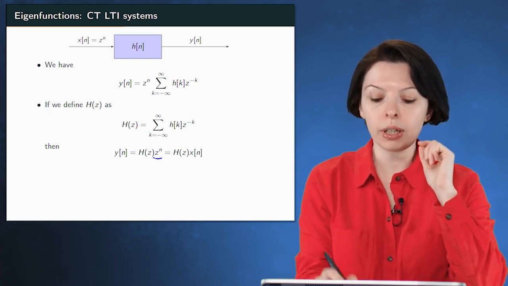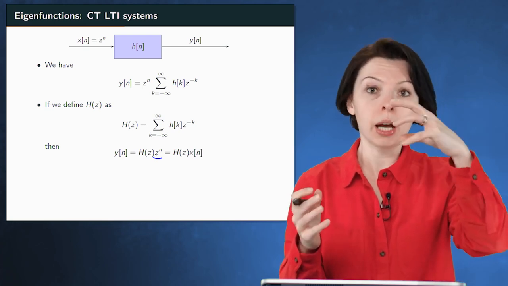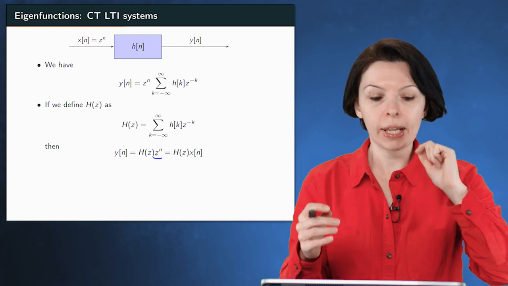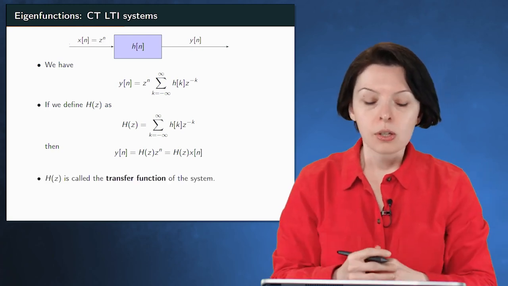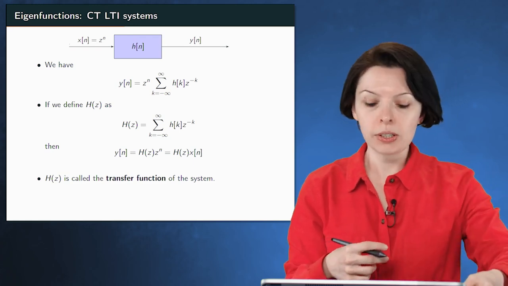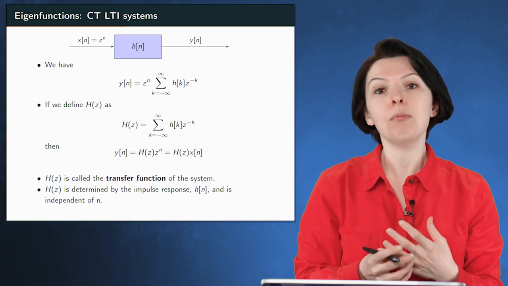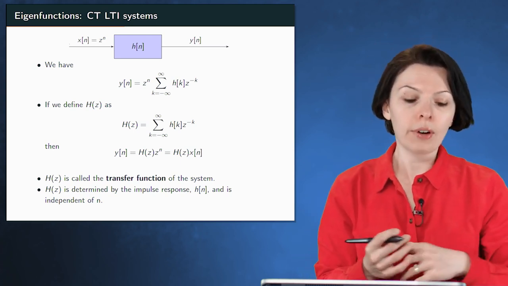And this z to the power of n is in fact the input signal that I initially applied to the system, and I wanted to find the output of this LTI system for that input signal. It's here. All right. So H of z is called the transfer function of discrete time LTI systems and is determined by the impulse response, or h of n, and it is independent of the value of n.